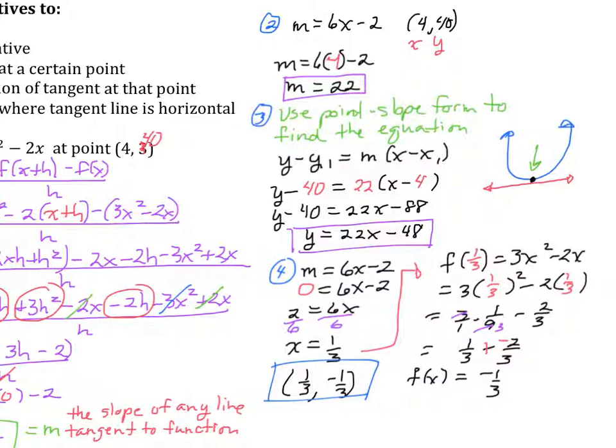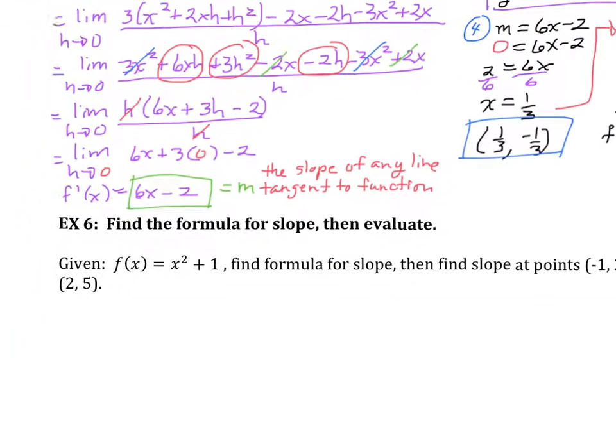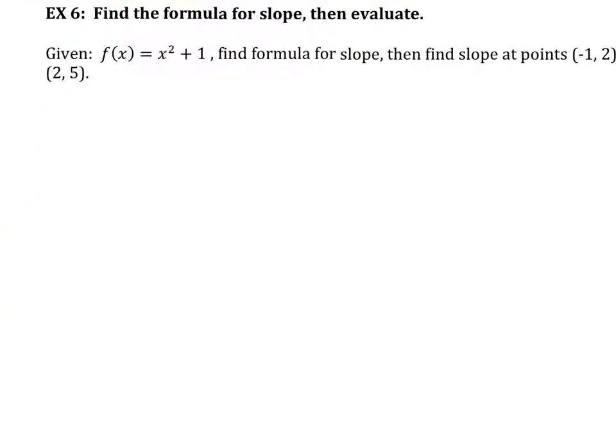Anybody not want me to move it? Okay. So for example 6, I'm not going to say anything, you're going to quietly do steps 1 and 2 from above. So start off with your derivative. So you're doing this by yourself.